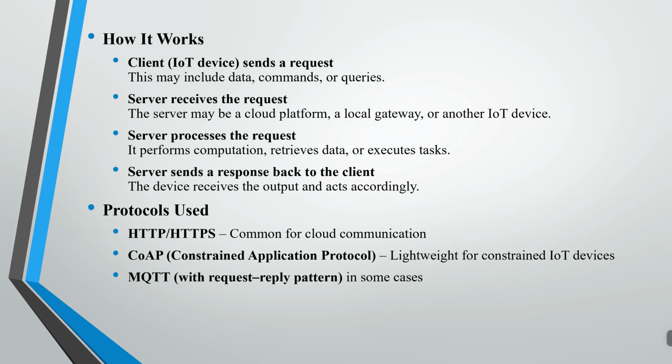How does request-response work? The first activity is that the client, which is an IoT device, sends a request. The request could be in the form of data, in the form of a command, or in the form of queries.